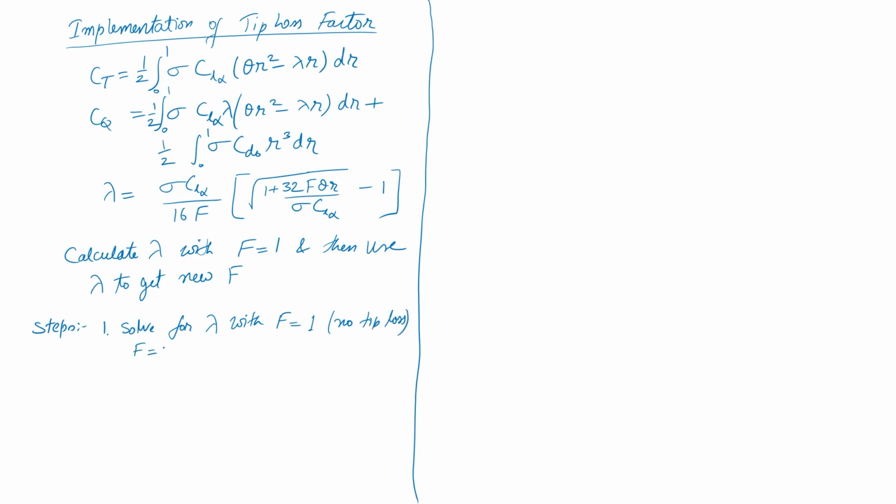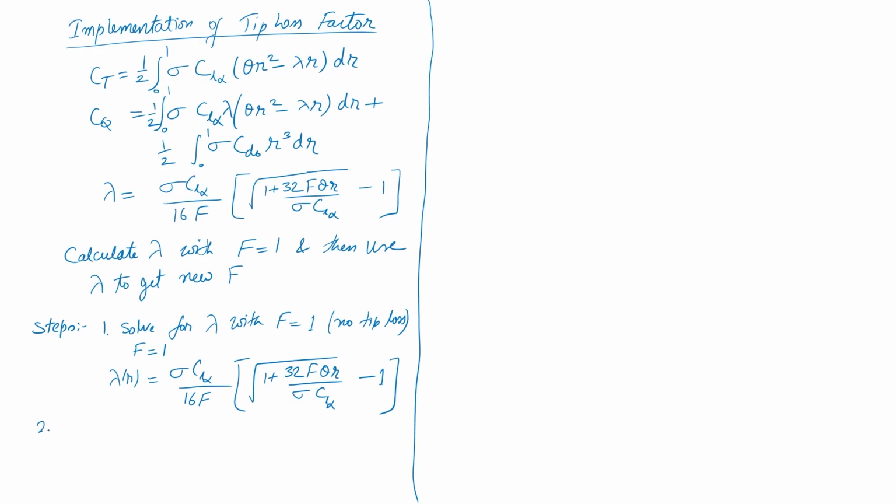So, we set F equal to 1 in my formula for lambda r equals sigma CL alpha by 16 F into the square root of 1 plus 32 F theta r by sigma CL alpha, minus 1.